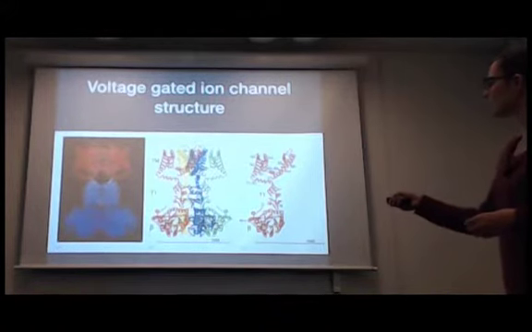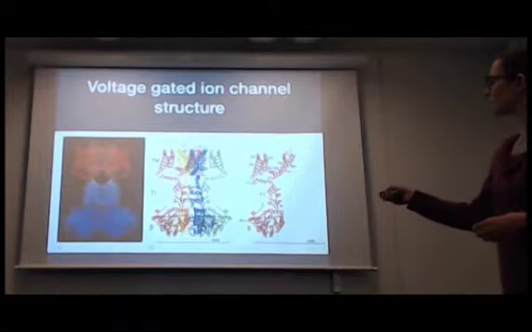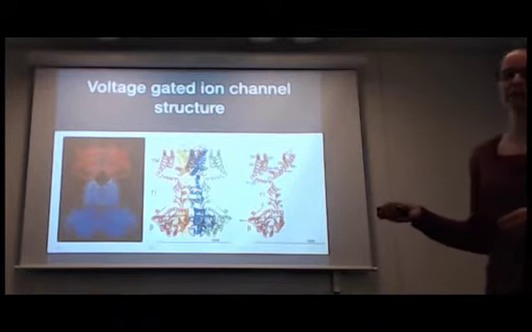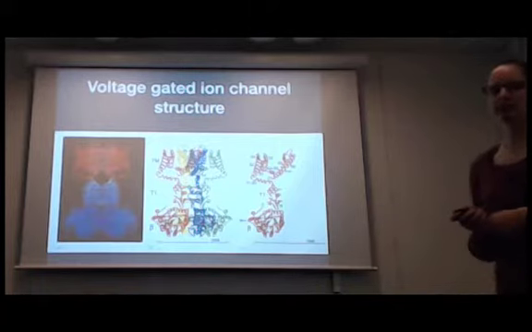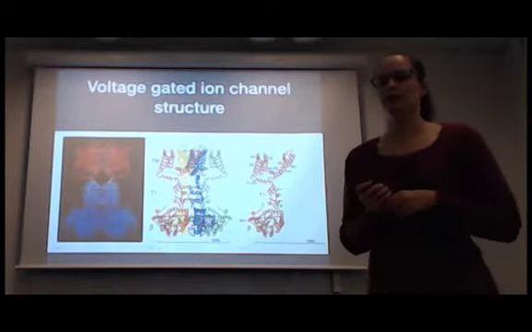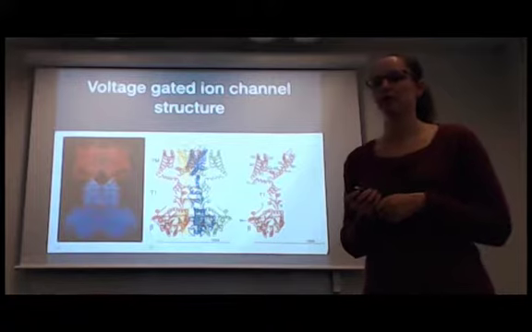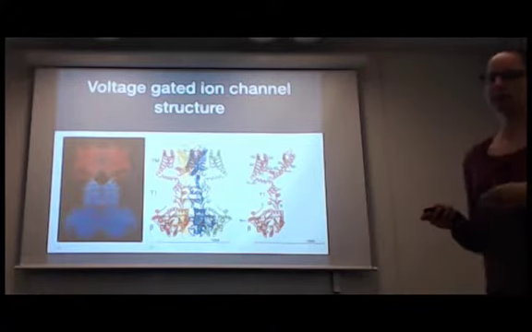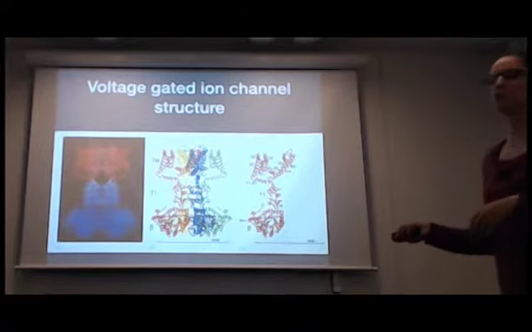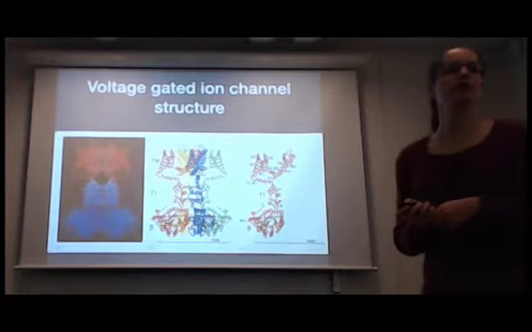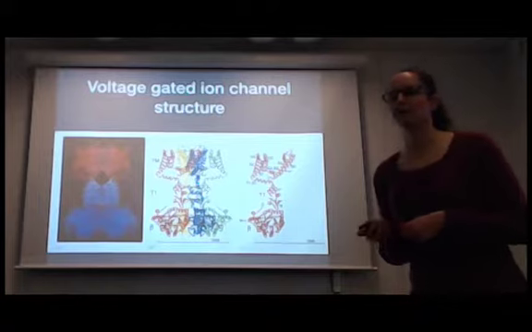Specifically, this region is going to be called the voltage sensor domain, for a reason that I will come back to in a minute. And as I was telling you before, when I talked about protein structure, usually these complex proteins in eukaryotes are not only made of transmembrane regions, but you also have large domains that may be intracellular or extracellular.